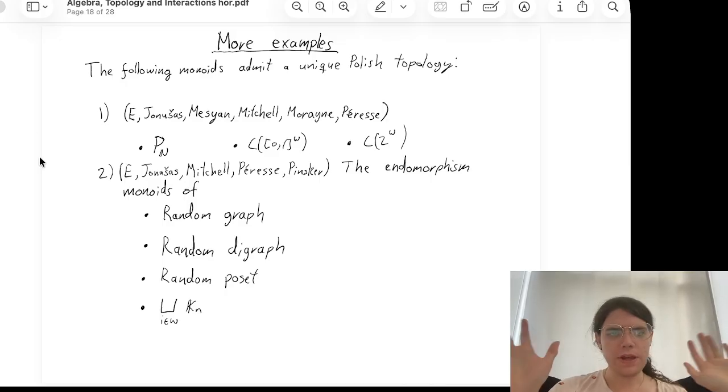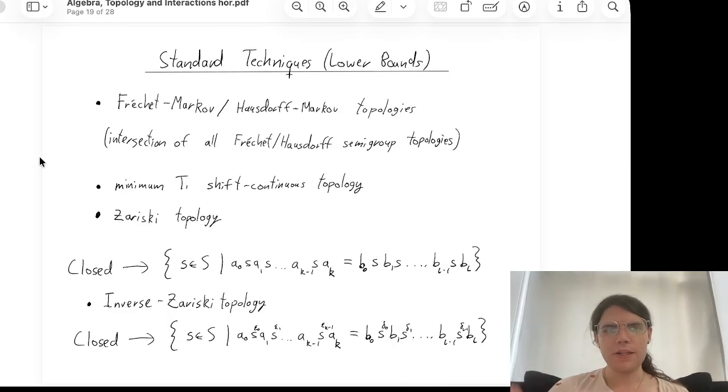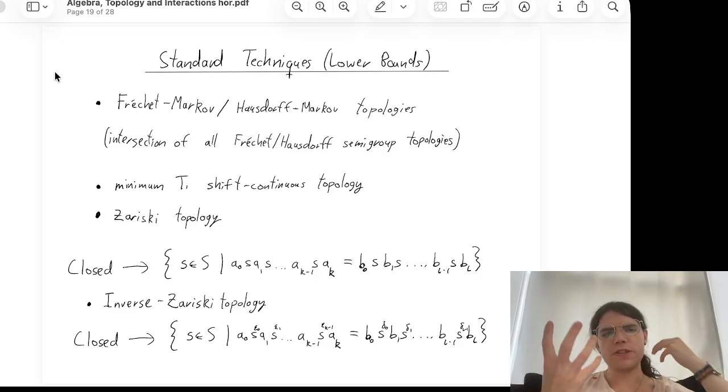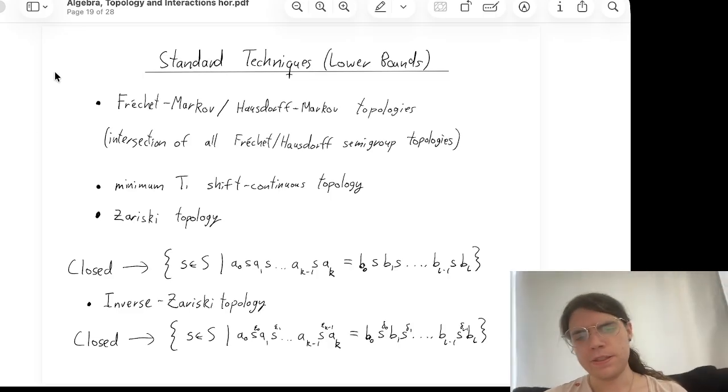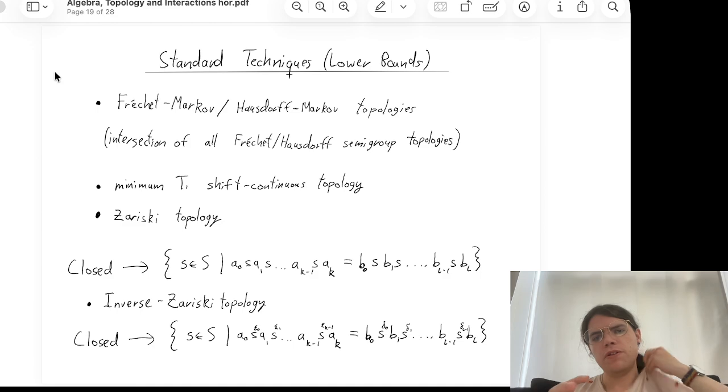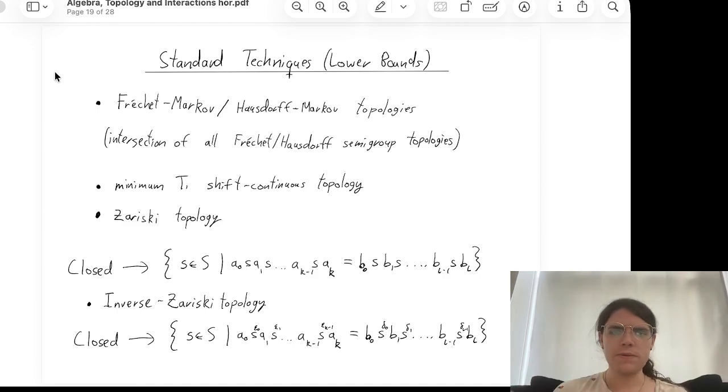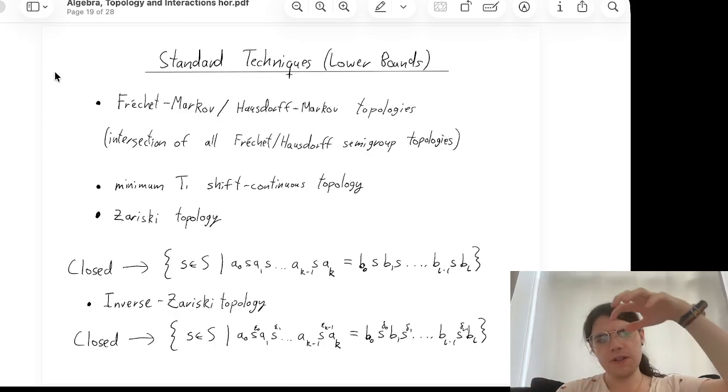So how does this work is a question, and so I'm going to get onto standard techniques. There are two stages in proving that your topology is best. You want to prove it's the smallest good one, and you want to prove it's the biggest good one. Proving something is the smallest good one is typically easier, at least for semigroups, than proving something is the biggest one.